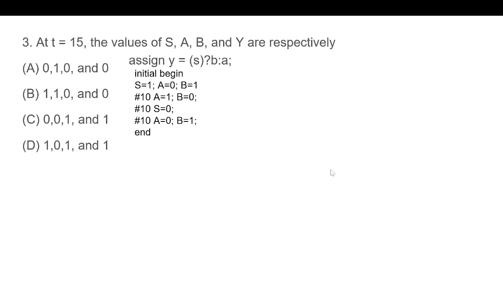And the second question, third question, at the t is equal to 15 unit of time. So here t equal to 0, next will be 10, the next interval will be t equal to 20. So in this interval lies our t equal to 15.